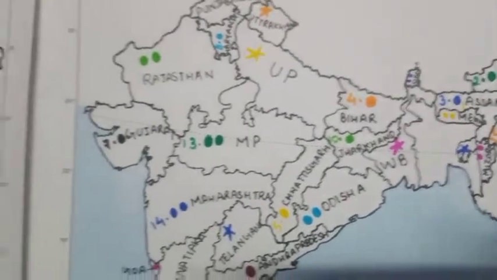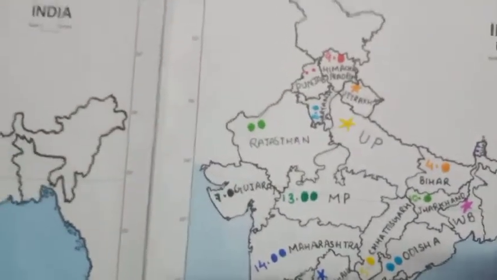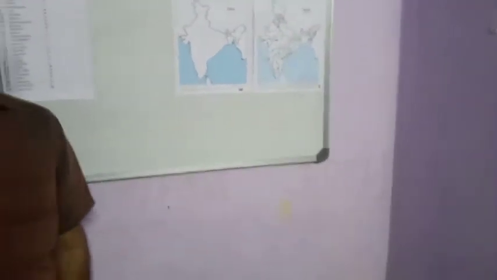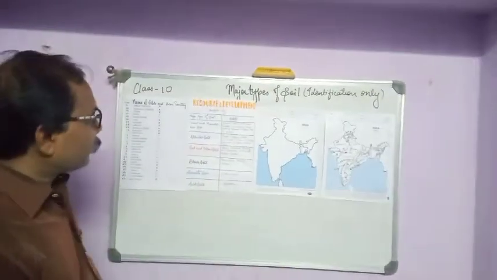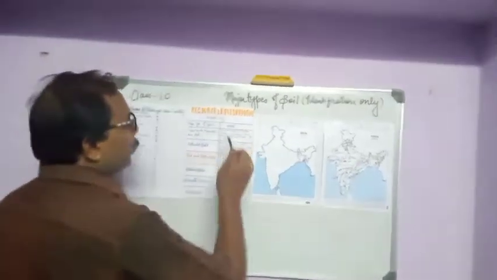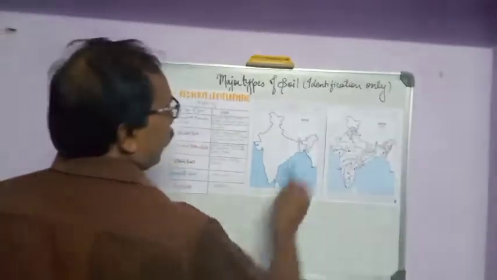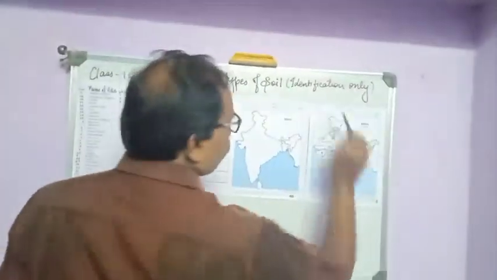Now come to the topic. So first of all, I am going to discuss the major types of soil present in our country. Okay, so here is the heading, major types of soil, and here it is identification only.